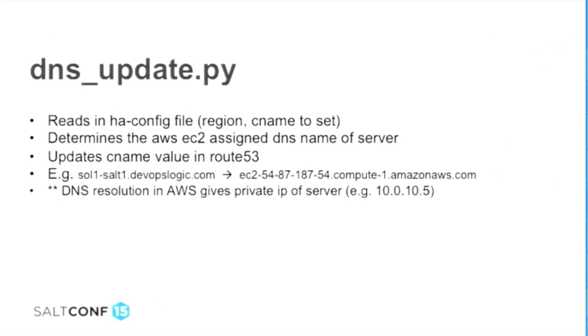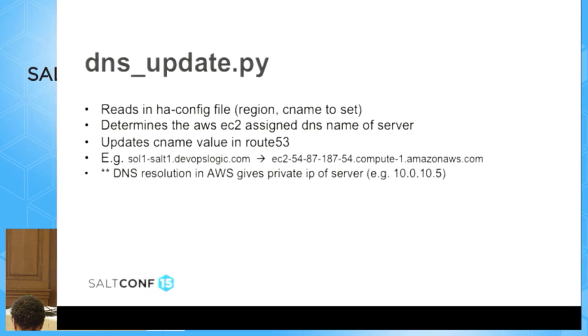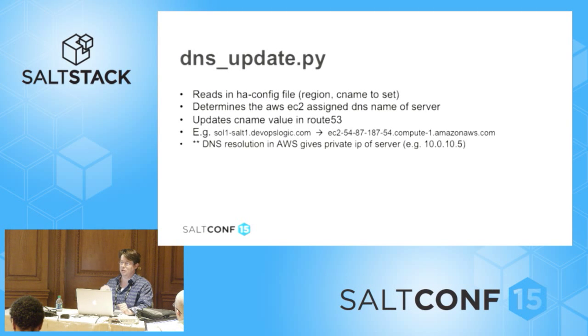You've got this DNS updater, and I put this slide up because I think it's a little unclear exactly how this works. DNS in Amazon is kind of interesting. They have this sort of split DNS resolution where if you look up a name in Route 53 from outside of Amazon, it gives you an external IP address. But if you do that same dig or NS lookup from inside Amazon, it resolves to the internal IP address, which is perfect for us.